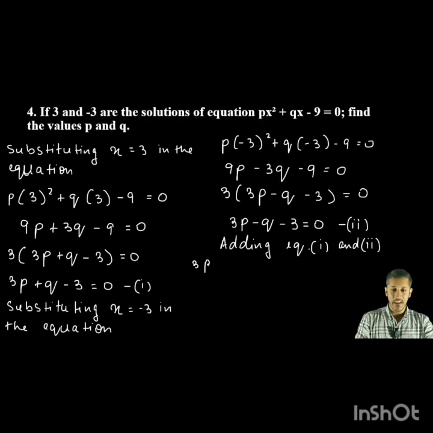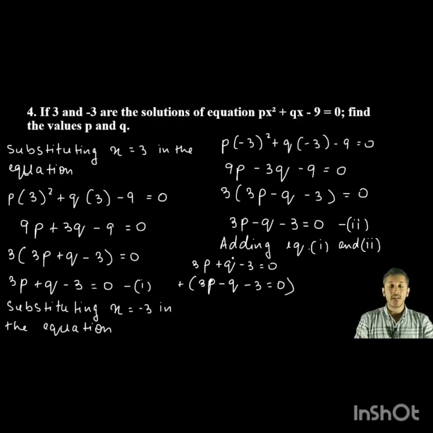We have 3p plus q minus 3 equal to 0, plus the second equation that we are adding to it is 3p minus q minus 3 equal to 0. Okay, since we are adding, the signs won't change.